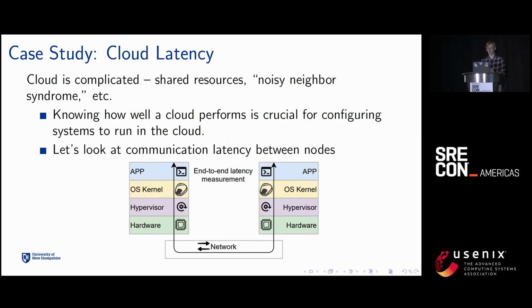And just one of the many dimensions of a cloud environment is how quickly you can talk in a cloud, right? And if we just look at the latency of maybe having one VM talking to another VM, an app on one VM talking to an app on another VM, even that number is not that straightforward, right?